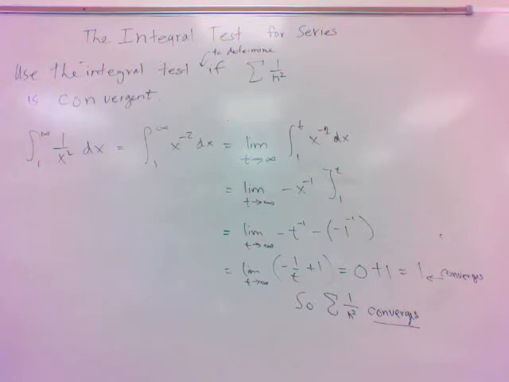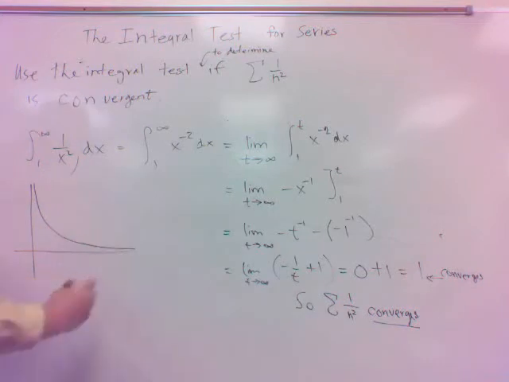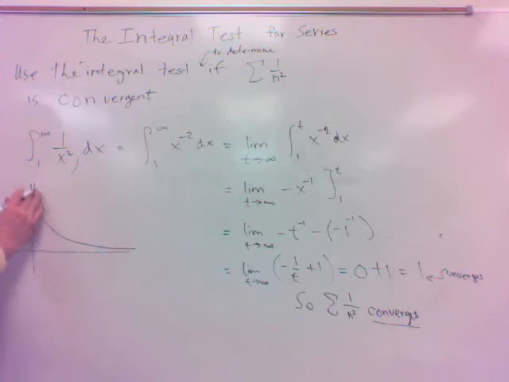Now, here's kind of the graphical aspect to that. 1 over x squared, the integral, we're talking about the area under the curve from 1 to infinity. So we're looking at this, maybe the expanded version of it.